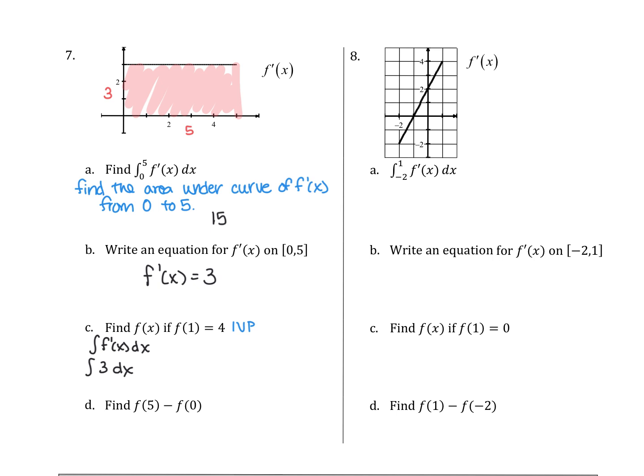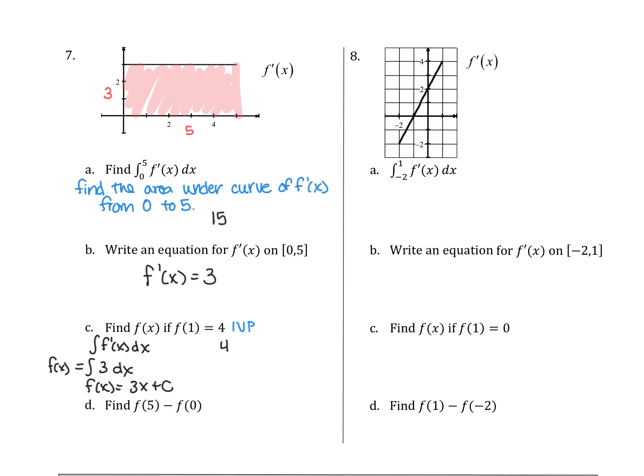And the antiderivative of 3 dx is equivalent to f of x. So when I take that antiderivative, I get f of x to be 3x plus c. Well, now I need to use that initial value to actually figure out what c is. So I'm going to plug in my 1 and my 4.